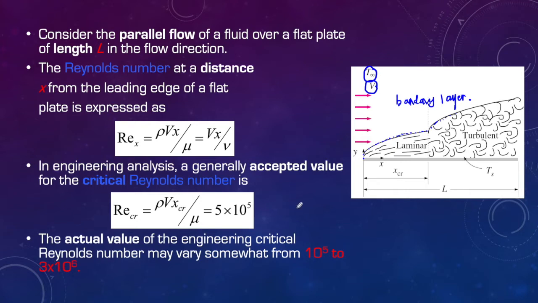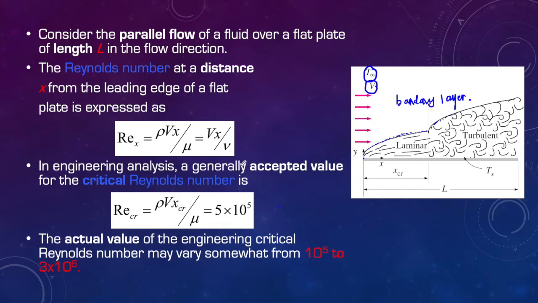Actually, the turbulent flow starts to occur at Reynolds number 1 times 10 to the power of 5, but becomes fully turbulent at 3 times 10 to the power of 5. But the generally accepted value for the critical Reynolds number for a flat plate is 5 times 10 to the power of 5.